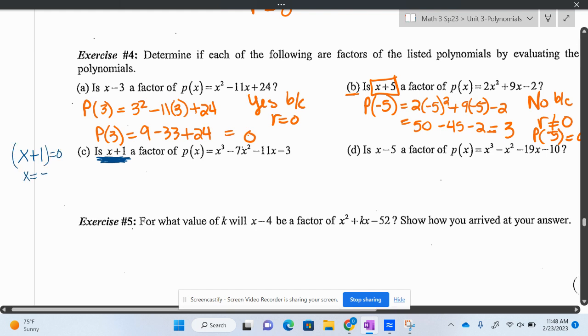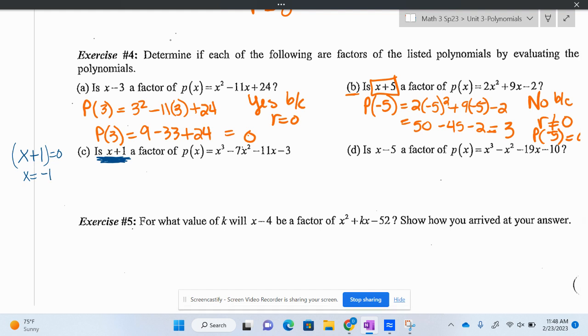So my root is what? Negative 1, right? Okay. So we're going to let negative 1 be what we substitute in. So p of negative 1 equals negative 1 cubed minus 7 times negative 1 squared minus 11 times negative 1 minus 3.